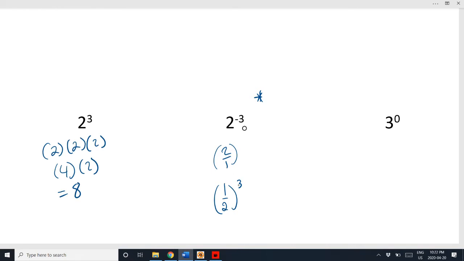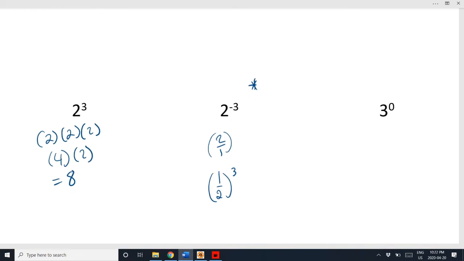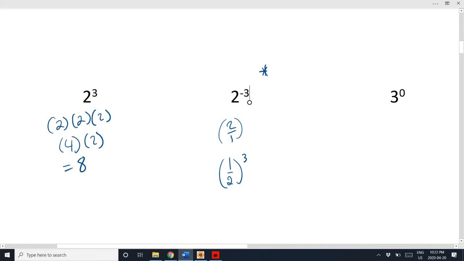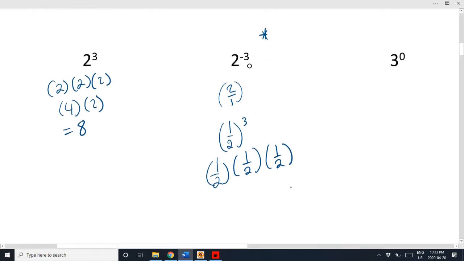So once we take the reciprocal, we lose the negative sign on the exponent, and now we can evaluate this new number. If we expand that, we'll have 1 over 2 times 1 over 2 times 1 over 2. We multiply straight across on the top, 1 times 1 times 1, which is 1, then 2 times 2, which is 4, times 2, which is 8. So our answer for this is 1 over 8.